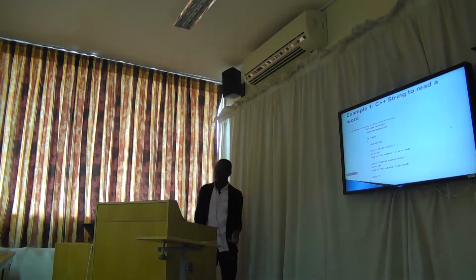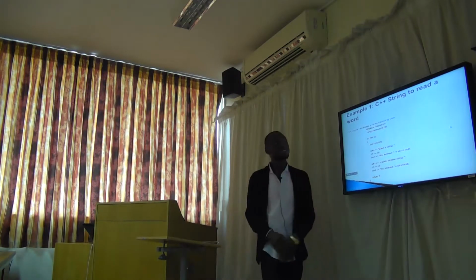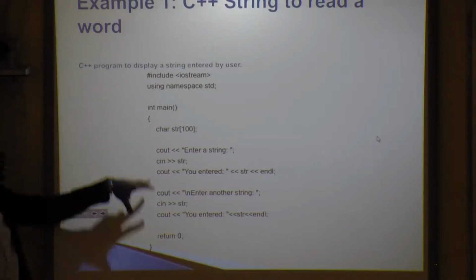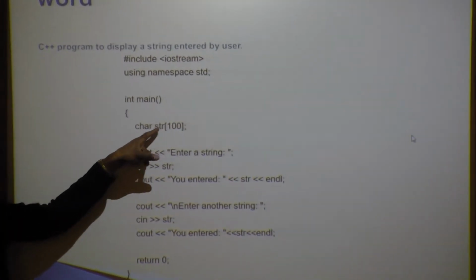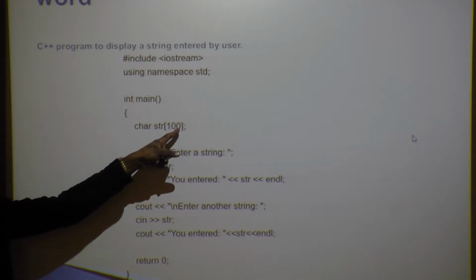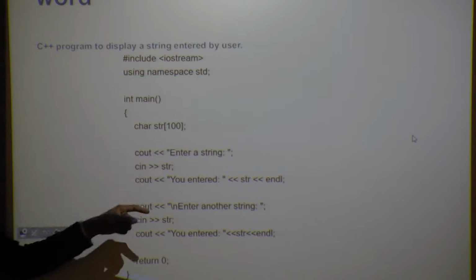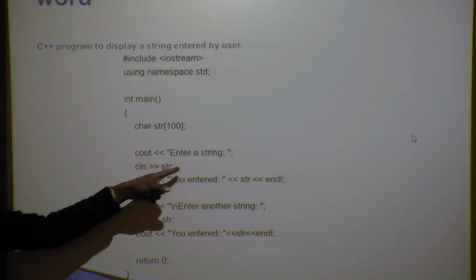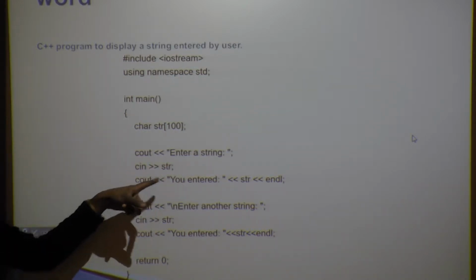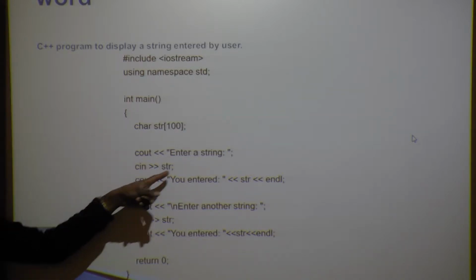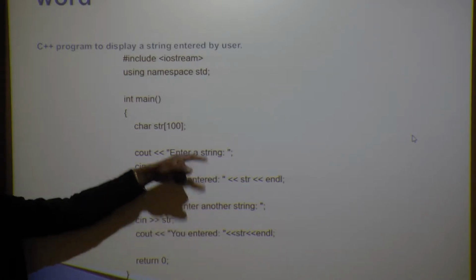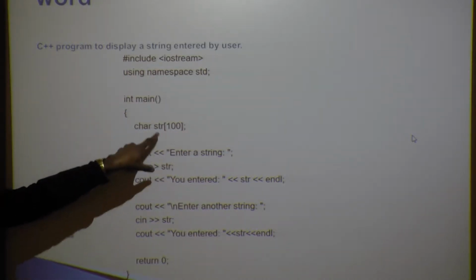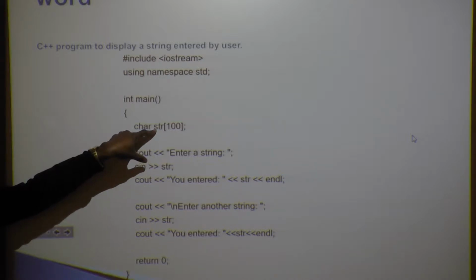This is an example for you to understand. In this example, I declare my C-string variable, and I declare the length of my array to contain 100 characters. Then I ask the user to enter a string, and I store what the user enters in the variable I declared, str, my array.